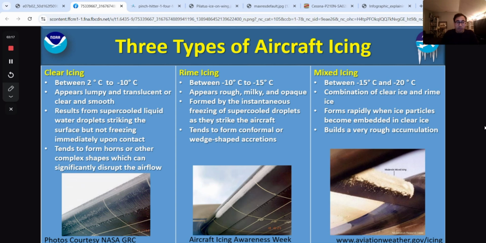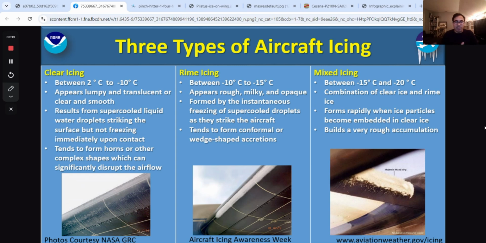So clear icing, what is it? It's icing that forms between 2 degrees Celsius and negative 10 degrees Celsius. When it starts to form, it appears clear and smooth, translucent. Think of an ice rink after a Zamboni is driven through it.